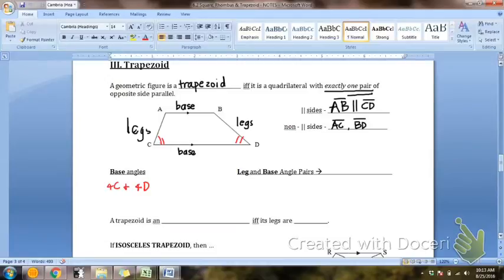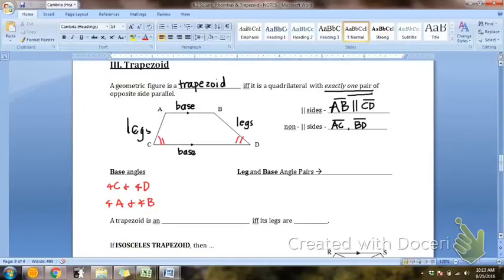Angle A and angle B. Now, I accidentally drew them congruent, but they are not necessarily congruent.